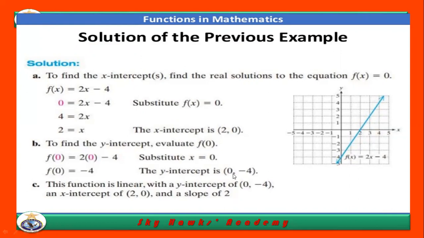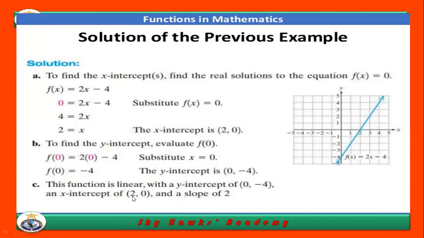The y-intercept is (0, minus 4). So this is the point where it is intercepting the y-axis, down below the origin, and it is minus 4. So you can see that if the graph is given, you can find the x-intercept as well as the y-intercept and the slope of 2.